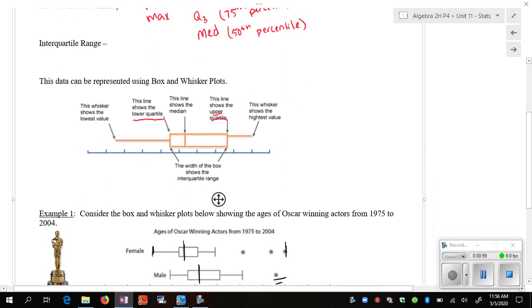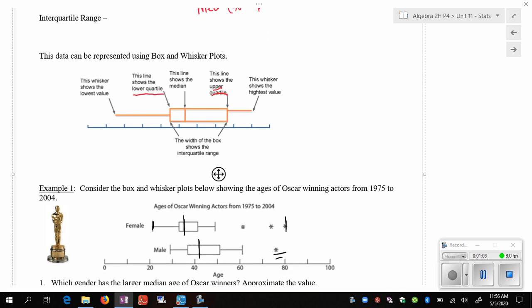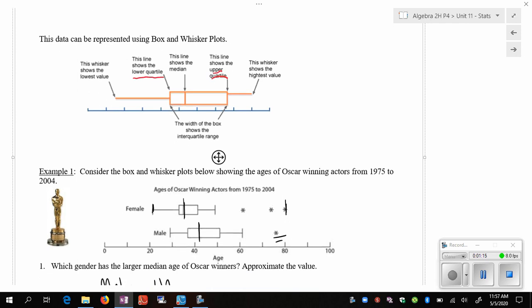So we have a picture of an example here comparing the ages of Oscar winners, comparing males to females. And you can see that something new is happening here, although we really don't have to concern ourselves with it too much. You see that we have these stars, these asterisks, which represent outliers.